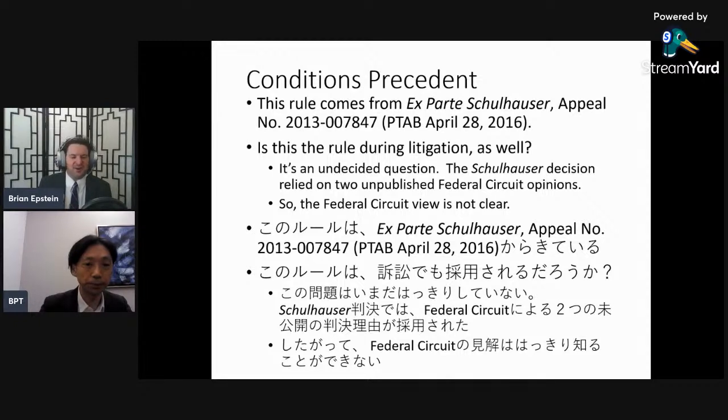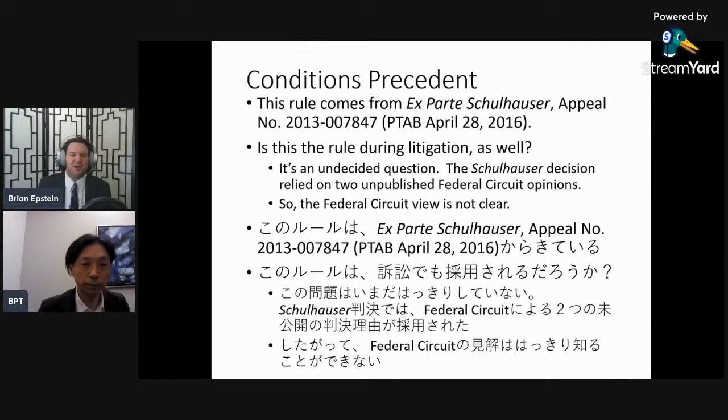So someone has to be brave enough or have enough money at stake to get the bad decision from the USPTO and then appeal it to the Federal Circuit and say, Federal Circuit, it looks like the USPTO is interpreting if more broadly than you believe. Could you please reverse them? And then I think, under the right circumstances, they would reverse the PTAB. But I don't expect people to do that.